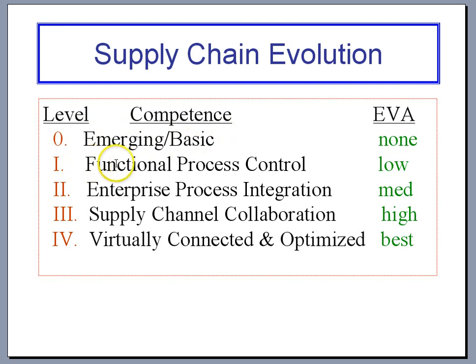The next level of competency is functional process control, and I'll explain all these in a minute. Level 2 is enterprise process integration. This is actually the supply chain when we reach level 2. Level 3 is supply channel collaboration, and then there's a 4th one, which is still in theory now but will be coming on stream at some point in the future: the virtual supply chain. All right, so let's define what these 4 levels of competence are.